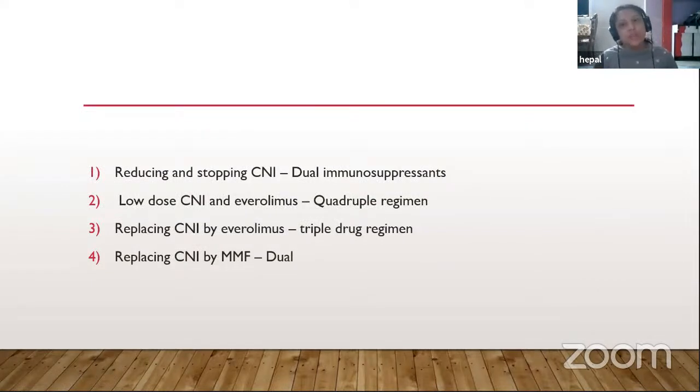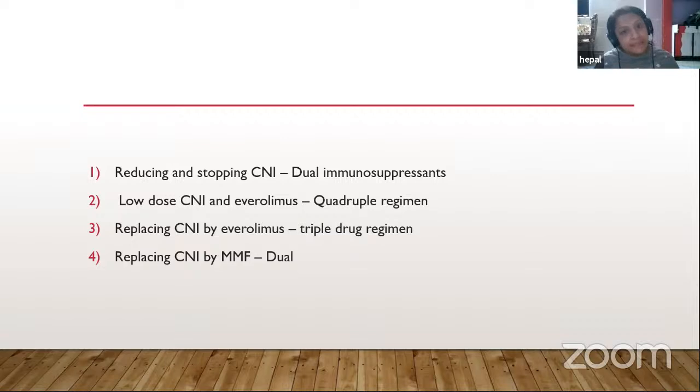What are the various ways we can minimize the CNI? We can either reduce and stop CNI completely and switch the patient to dual immunosuppressants, maybe increasing the dose of mycophenolate mofetil. Another option is low dose CNI and everolimus. So we introduce everolimus and maintain a low dose CNI below 5 nanogram per deciliter. So that's the quadruple regime.